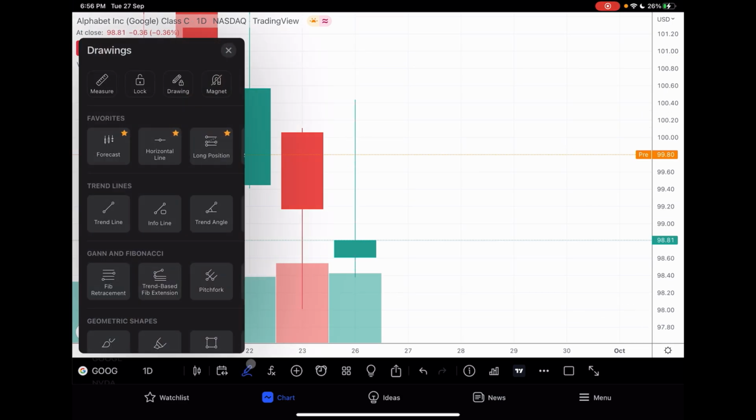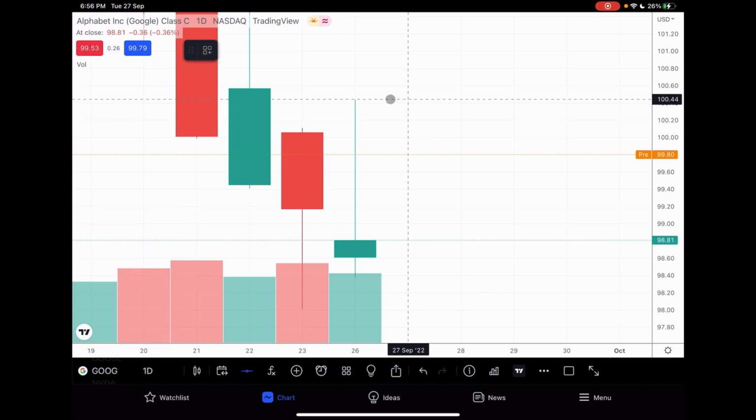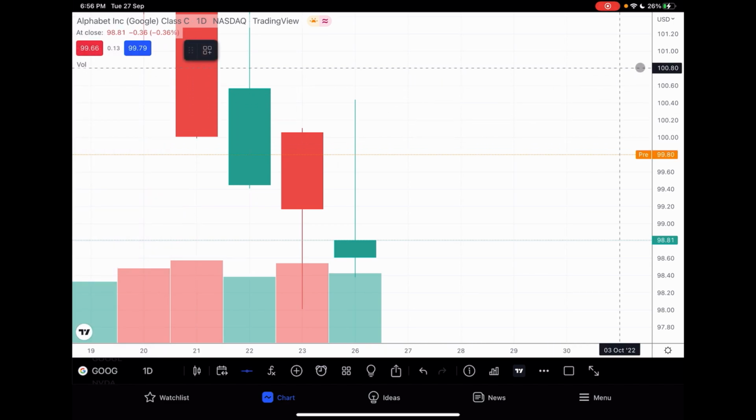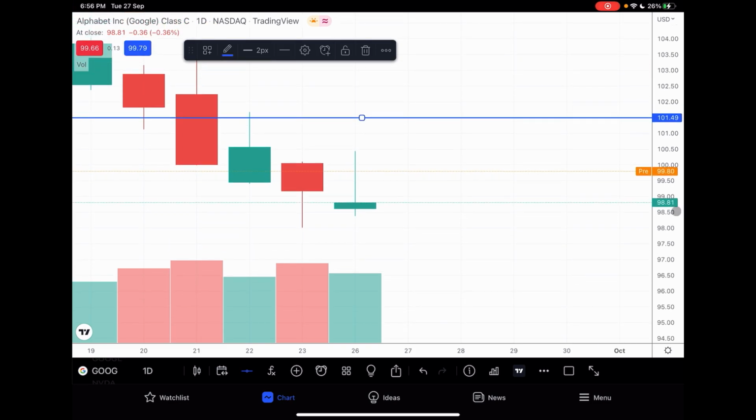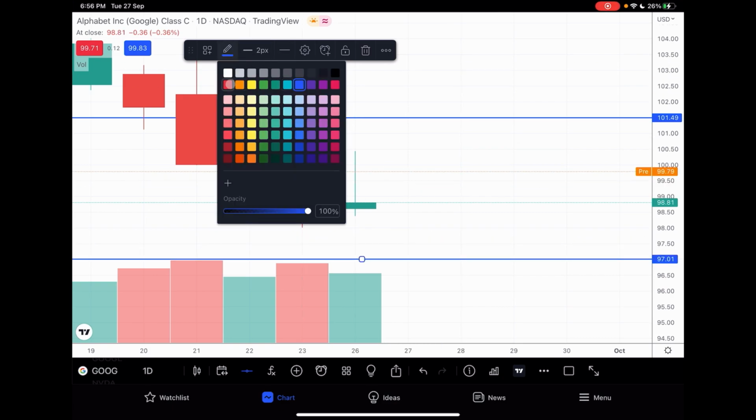So according to the high, our entry is 101.5 here, and our selling entry would be 97.